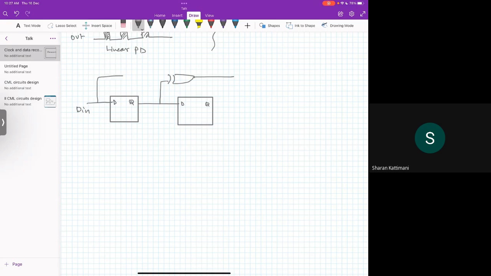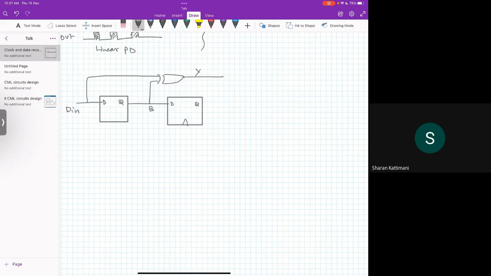There is no change here, so let's assume this is Y, this is B. Then you put another D flip flop, apply the clock, take another XOR, do everything, and get the VC.